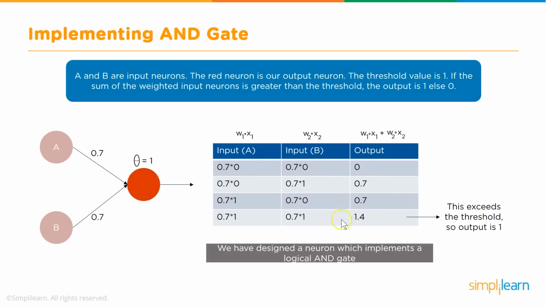In the last case, when both the inputs are 1, you get a value which is greater than 1, which is the threshold. So only in this case the neuron gets activated and there is an output. In all the other cases, there is no output because the threshold value is 1. So this is the implementation of an AND gate using a single perceptron or a single neuron.